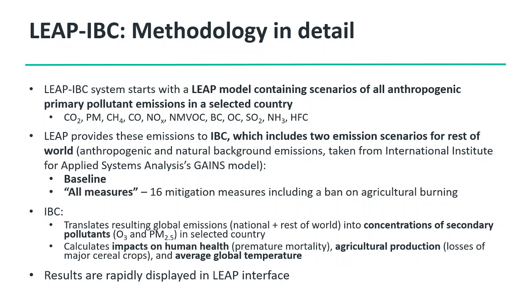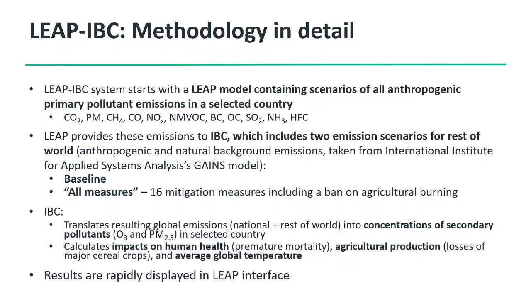To use IBC, there are some restrictions compared to a traditional LEAP analysis, which is very flexible. The first is that we need to cover the total emissions of a range of different pollutants. So we need to look at all of the pollutants that contribute to PM2.5 concentrations, and we need to capture our major greenhouse gases as well.